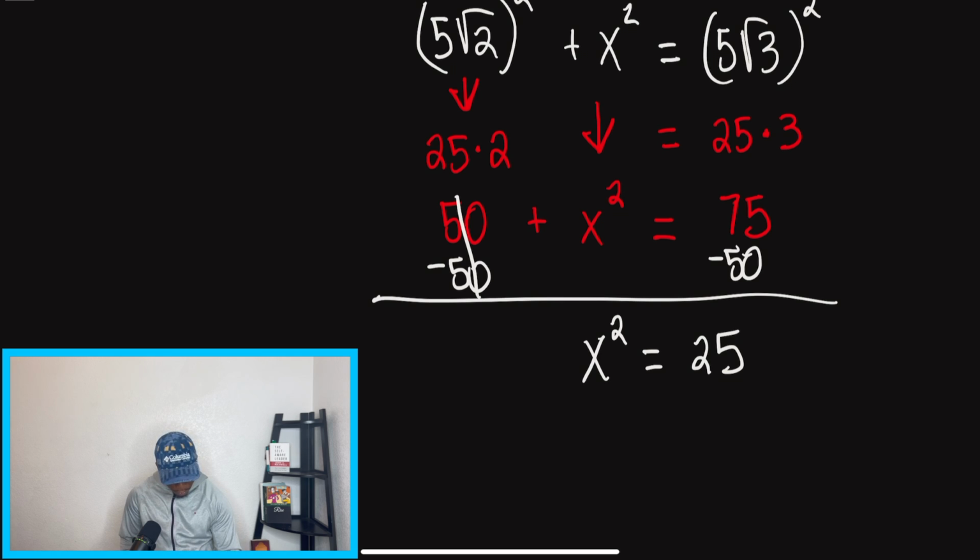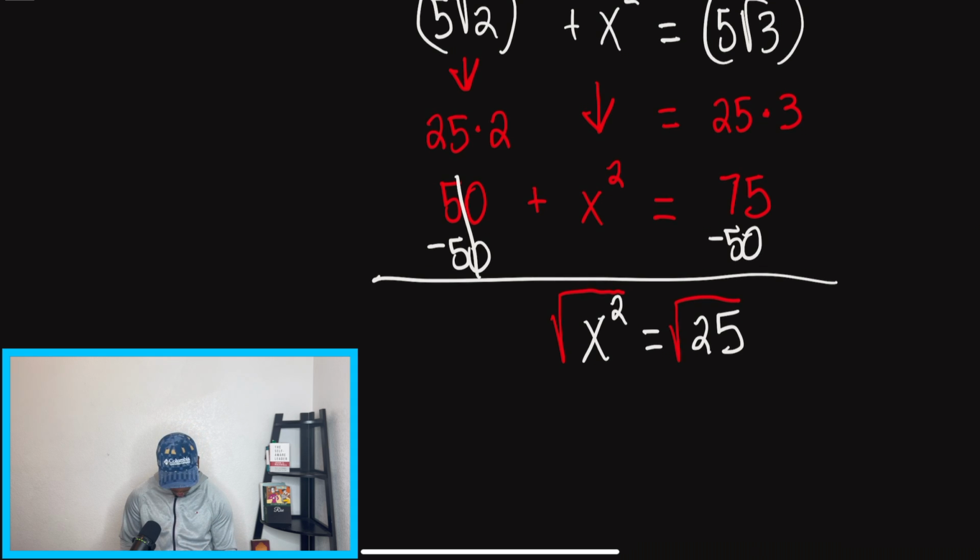So at this step, what we need to do is get rid of our exponent. To cancel out the exponent, like I said earlier, we're going to take the square root. When I take the square root of the left-hand side, I have to do the same thing to the other side of the equation. So x squared turns into x.